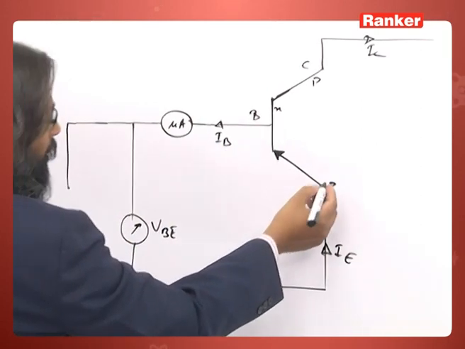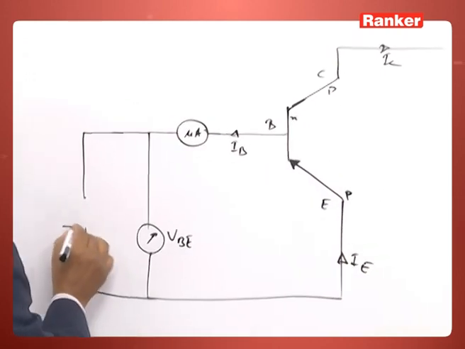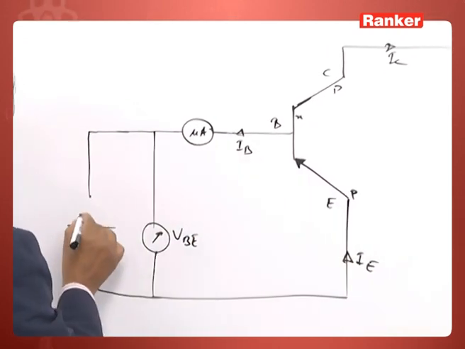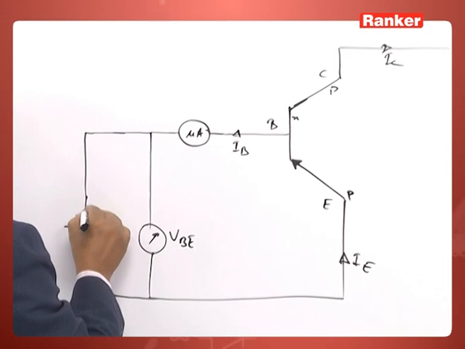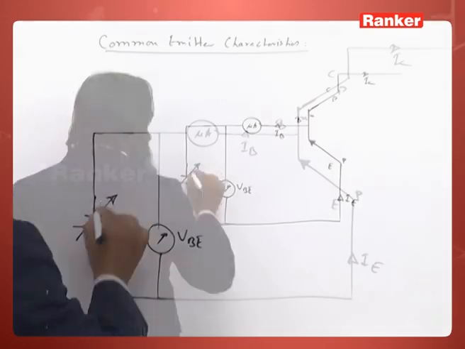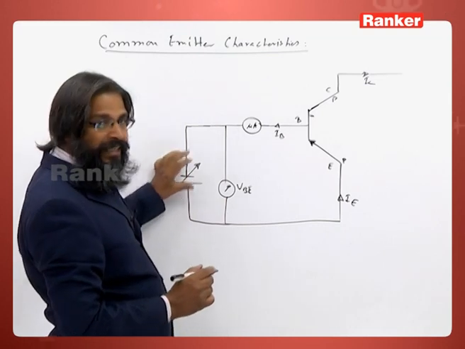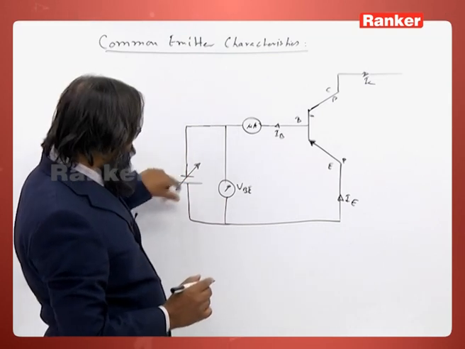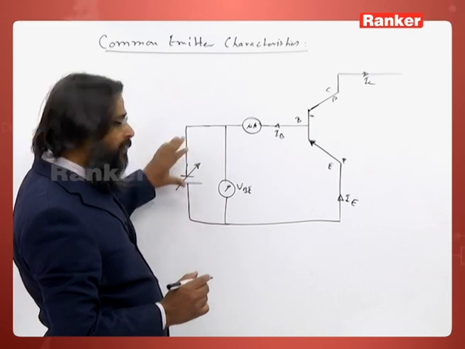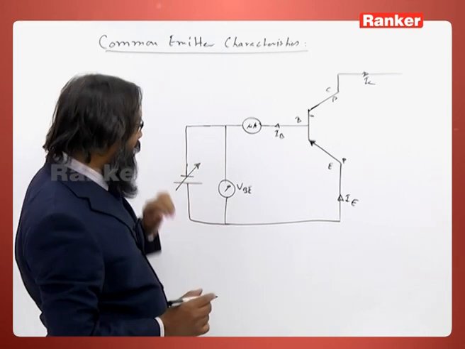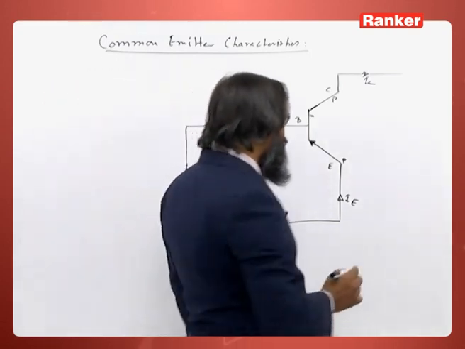How can we do so? This P should be connected to the positive one and this should be connected to the negative one. Now this is variable, so in order to study this bias we slowly increase and decrease it. That arrow shows that we are going to vary the bias.